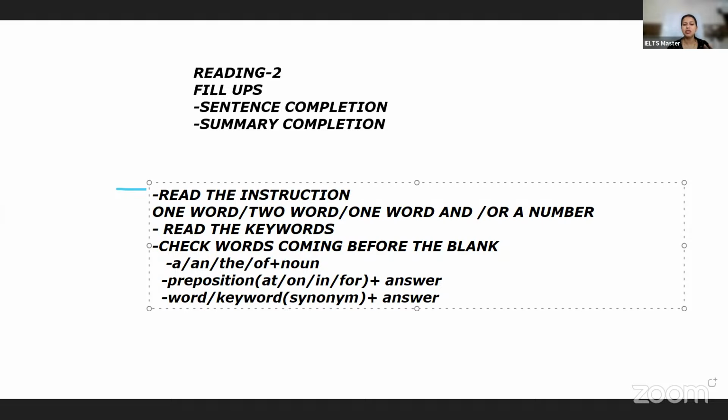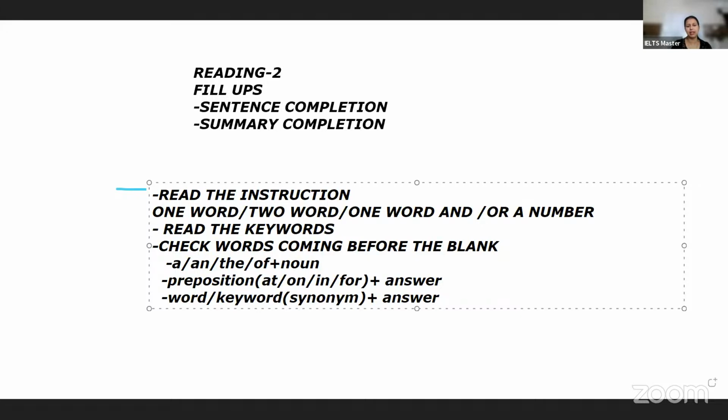Correct. So let's take one example of this. Here I have taken Cambridge number 17.